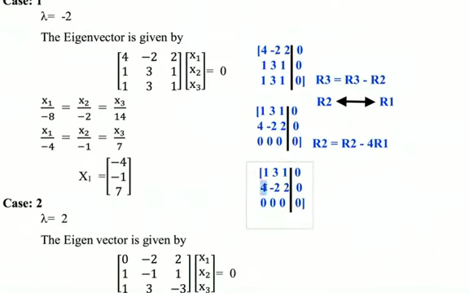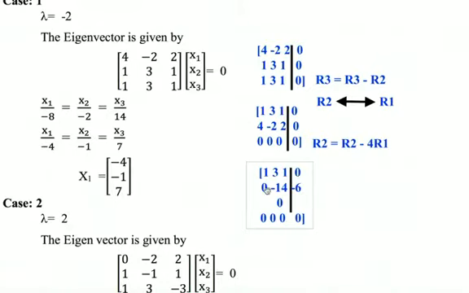So this becomes 0. What about this? Minus 2, minus 12, minus 14. What about the last element? 2 minus 4, minus 2.